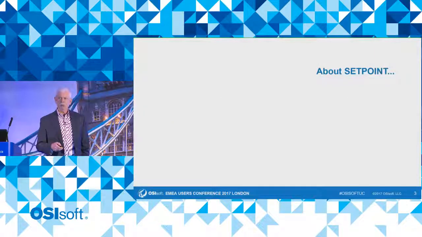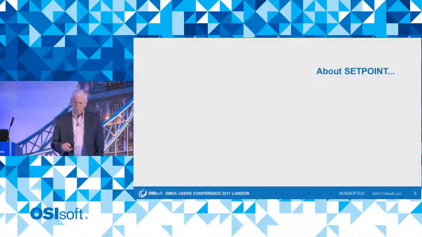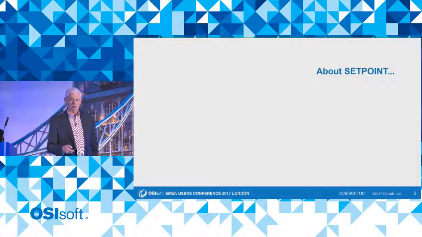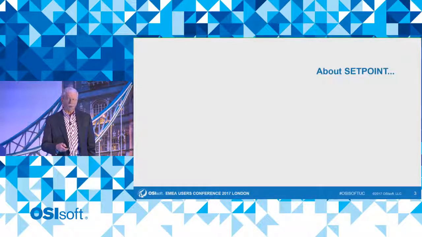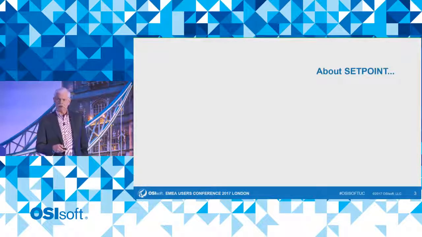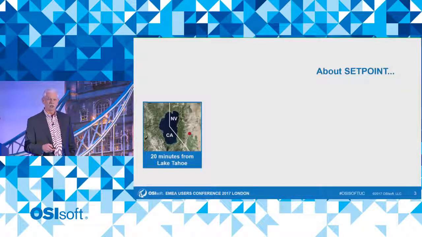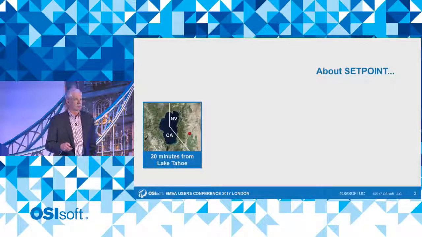The name of the company is Bruel Kjaer Vibro, and we were recently acquired by Bruel Kjaer. They're based in Darmstadt, Germany. SETPOINT operations are actually in a pretty beautiful spot near Lake Tahoe in Nevada. So there is where we're located, that little red dot. We're about a 30-minute drive from the shore of Lake Tahoe.